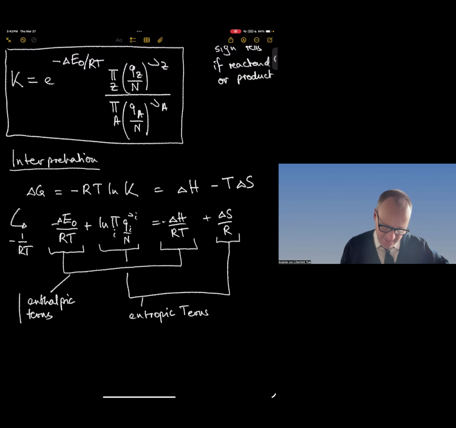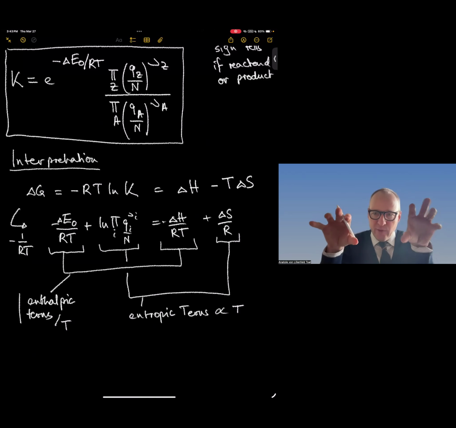Now these enthalpic terms are divided by T, so it's enthalpic terms over T. And these entropic terms, they grow with T, so they are proportional to T. So this is quite clear now: this box expression we have seen before, these two products, the exponential prefactor and the ratio, what they are standing for, what kind of physics they embody.